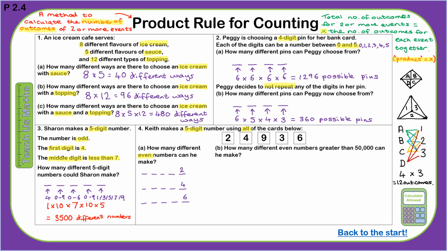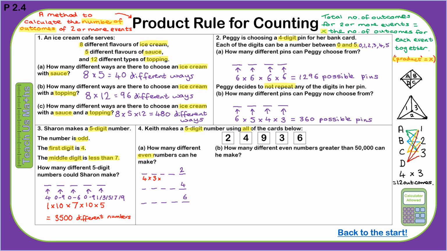So the first digit, Keith will have 4 options to choose from. So all of the cards minus the 2 that he's saved for the card at the end. For the second digit, there will be 3 to choose from, 1 less than the digit before. For the third digit, there will only be 2 cards left to choose from.